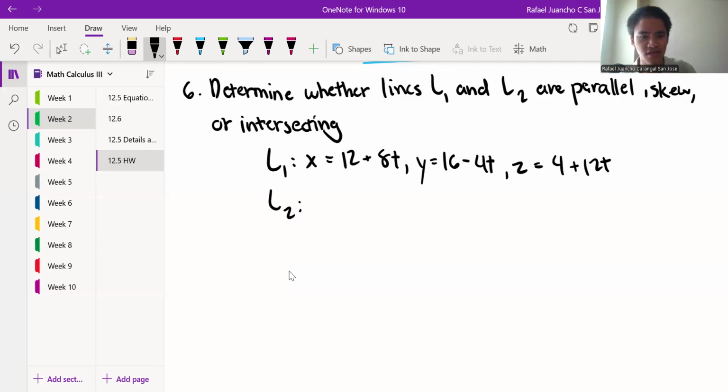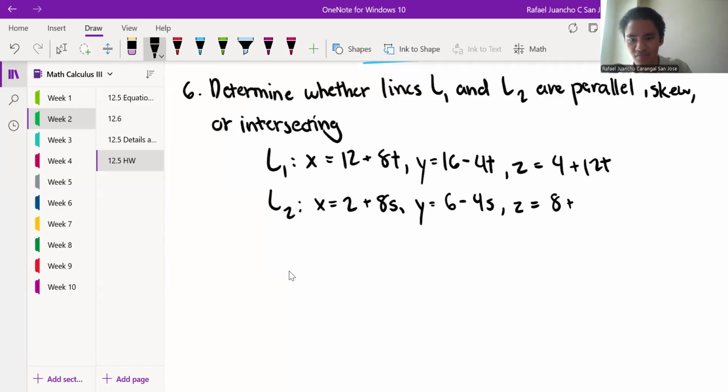L2, we have x is 2 plus 8s. Then we have y is 6 minus 4s. We have z is 8 plus 10s.